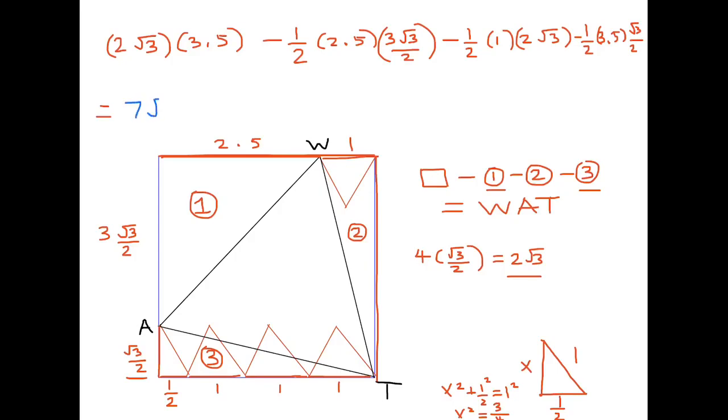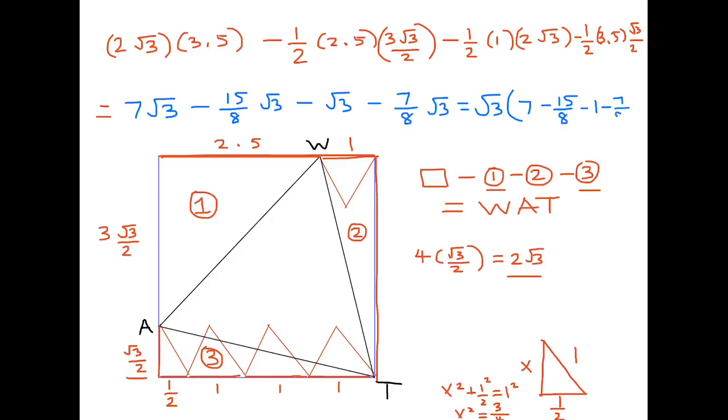So this looks like 7 root 3. This is going to be 15 over 8 root 3 minus, looks like, root 3 and minus 7 over 8 root 3. Okay, so we got a whole bunch of root 3's here, so we can just factor them out, and that leaves you with 7 minus 15 over 8 minus 1 minus 7 over 8.